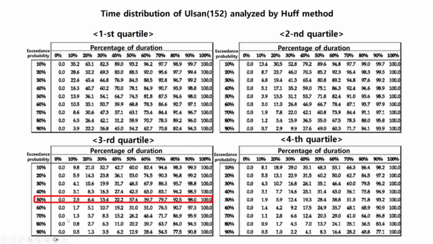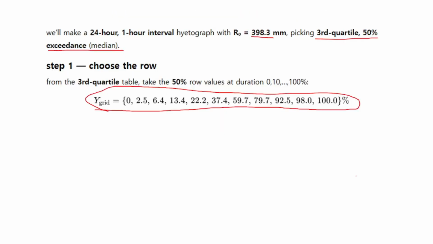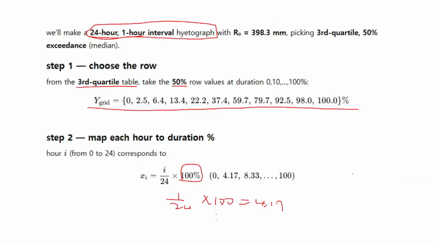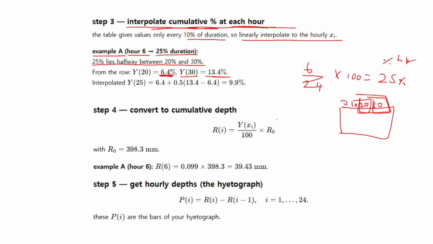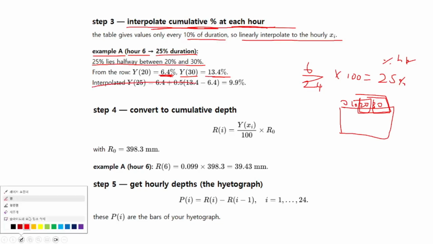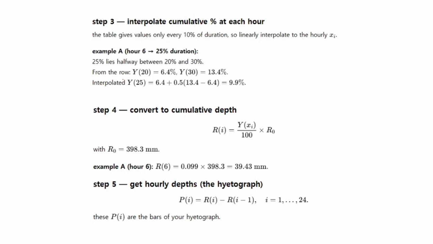So when it's 20%, 6.4, 30%, 13.4. So using these numbers, we can interpolate like this, right, to get 9.9%.